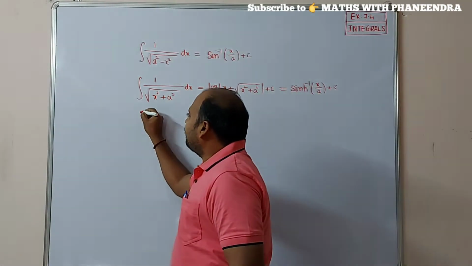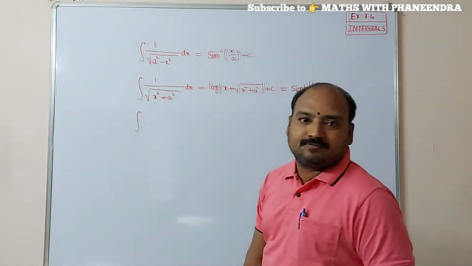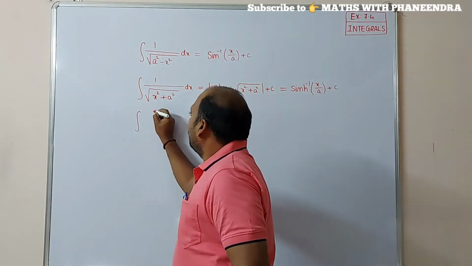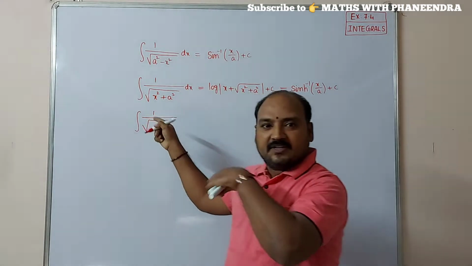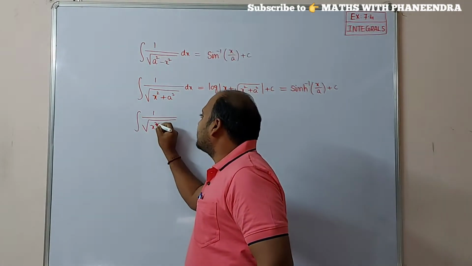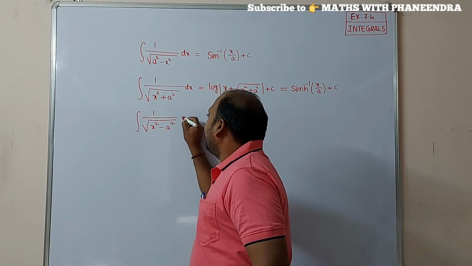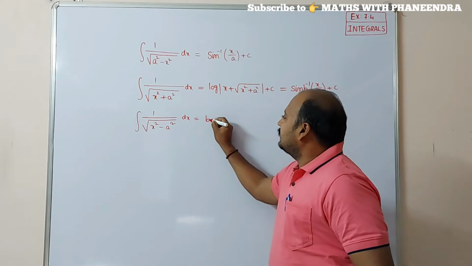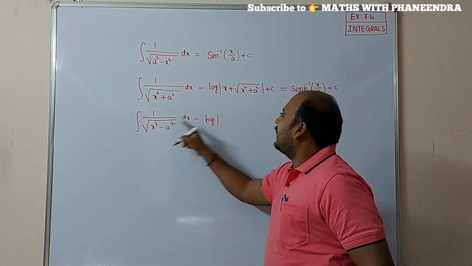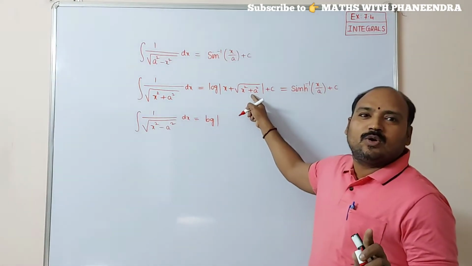Now come to the third formula, integral 1 by square root of the same function but minus, x square minus a square dx, equal to log mod. Here minus is there, here also minus, that is the only change.